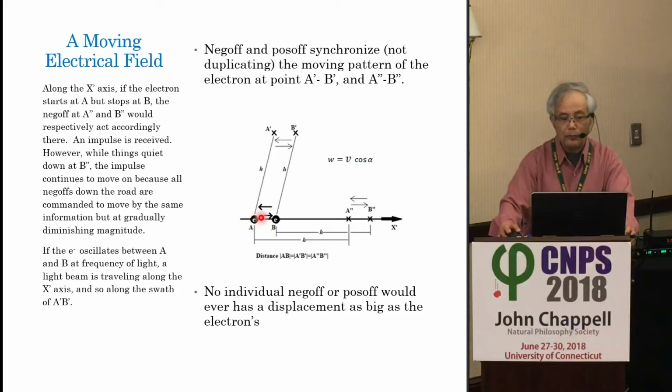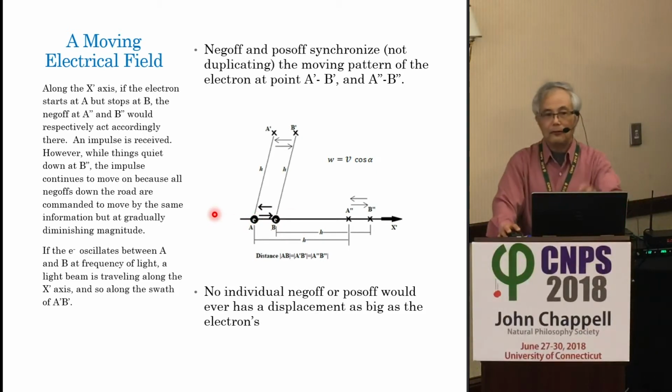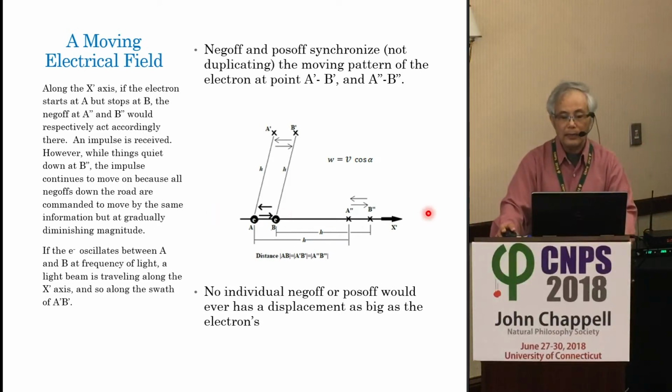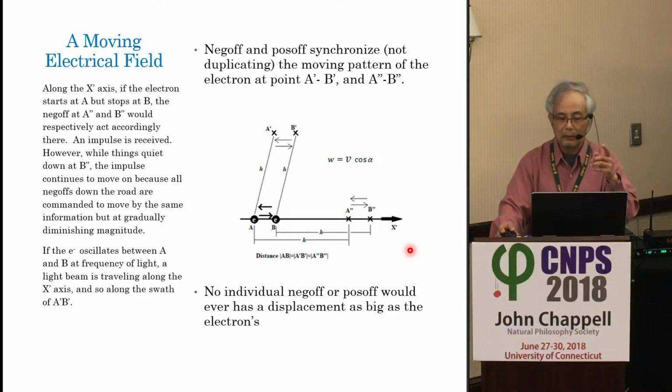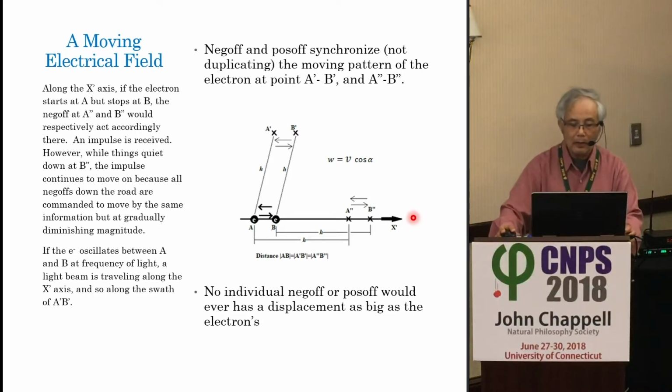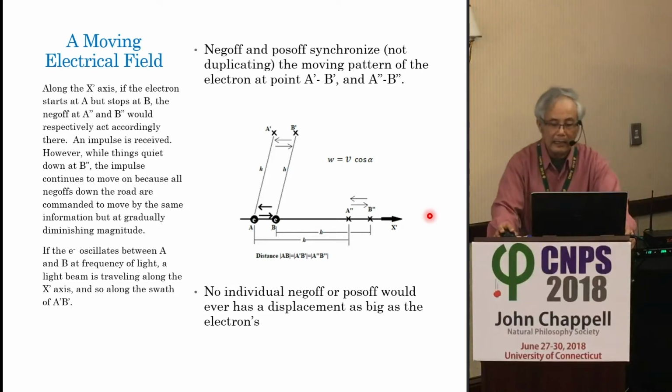If the electron moves back and forth here at the frequency of visible light, further down people will receive light wave. So electrical magnetic wave just goes down the line like that.